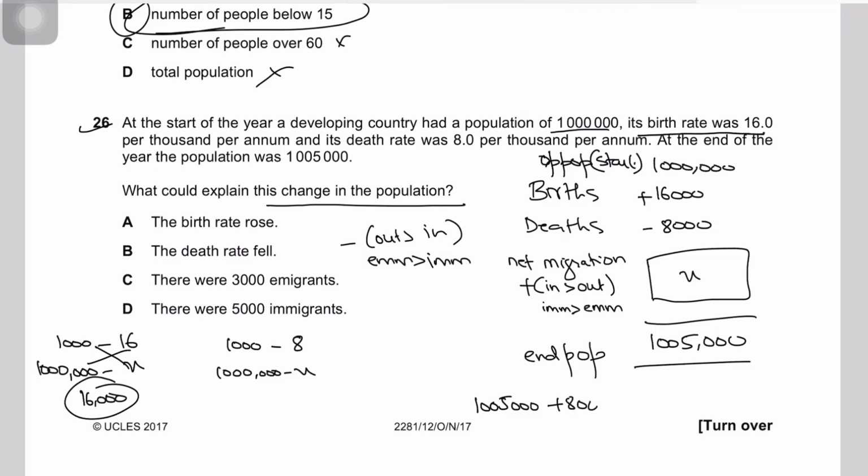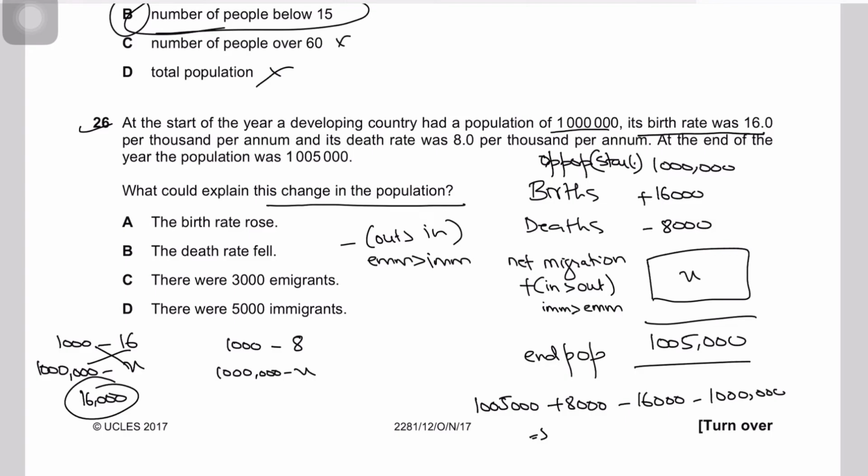You add 8,000, then you deduct 16,000, and then you deduct a million. I'm doing the solution calculation by myself on the side as well.